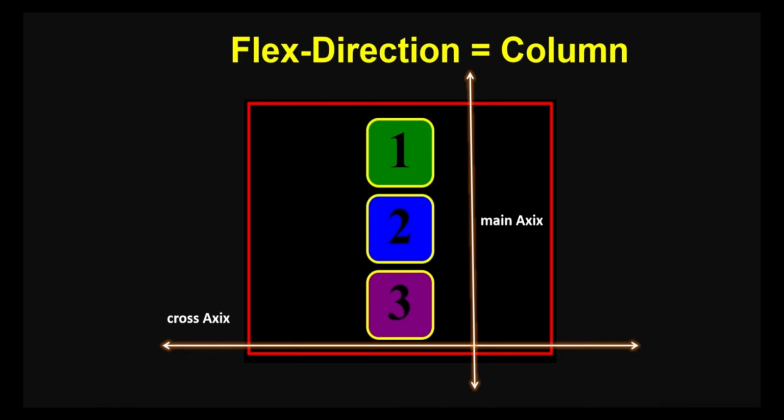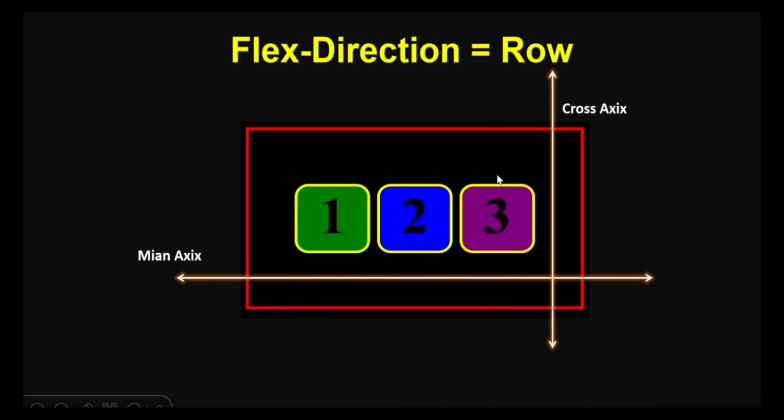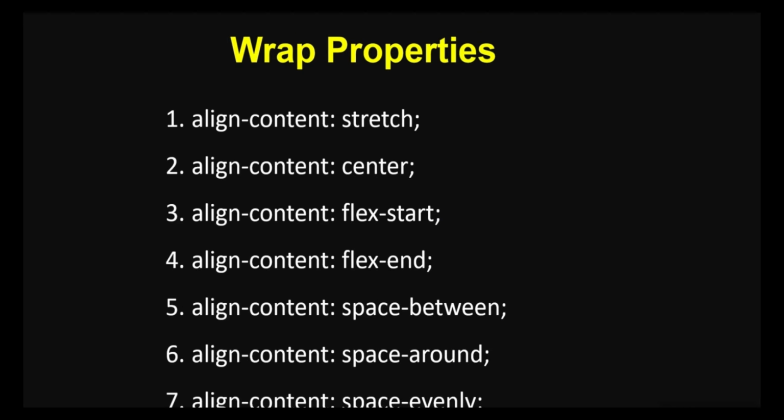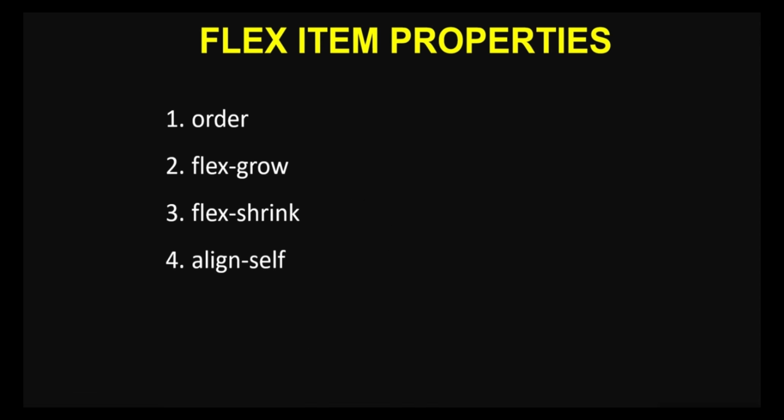You can see in this example, the items are only in a single row. If we have multiple rows, then we will use align content properties. These are applied on the wrapping of items, like align content stretch, align content center, align content flex start, and all these properties.